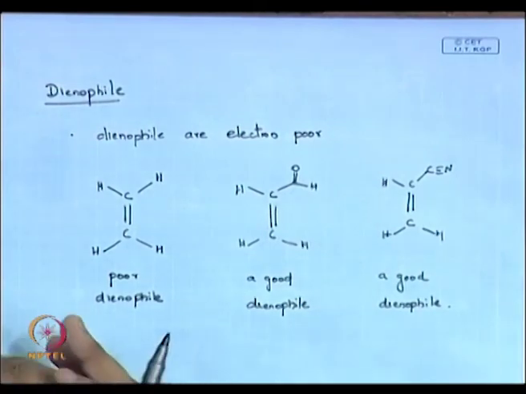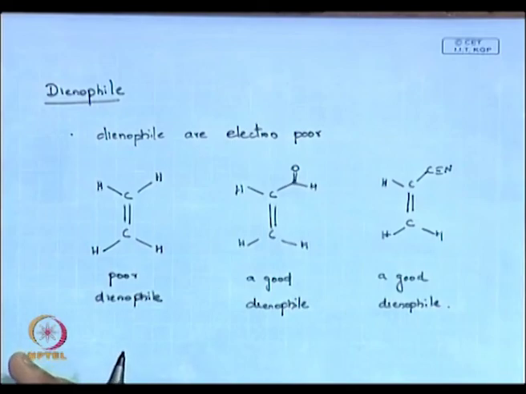So, your diene should be electron rich and your dienophile should be electron poor. These are the two things about your substrate when you talk about Diels-Alder reactions.